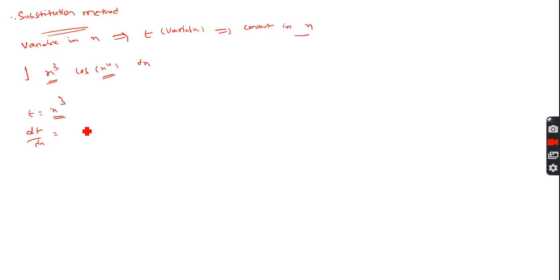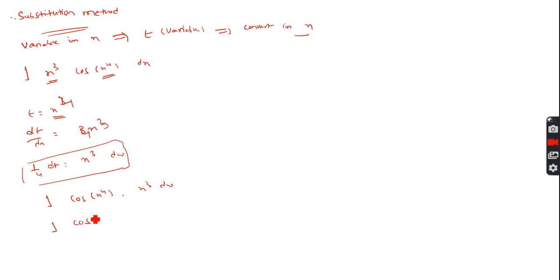For x power 4, the differentiation is 4x cubed. So finally we get 1 by 4 into dt, that is nothing but x cubed into dx. That can be written as x power 4 into x cubed into dx.